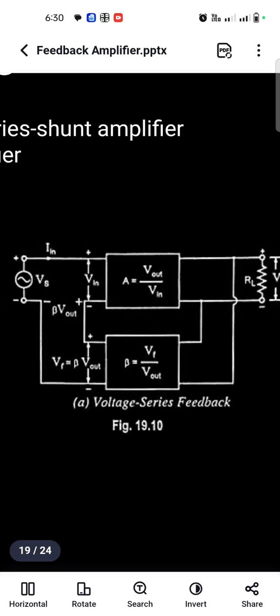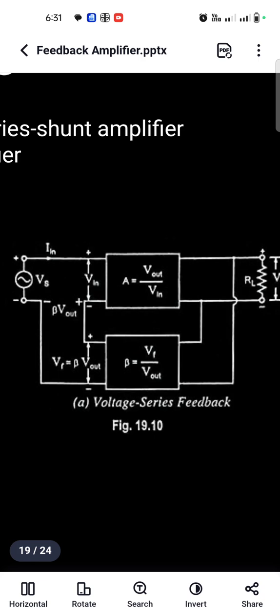If the resistor is connected in series, what is the source present there? Series means voltage, no? That's why input as well as output both will be a voltage. You simply represent that as a voltage amplifier. We can say the other name is series shunt amplifier.